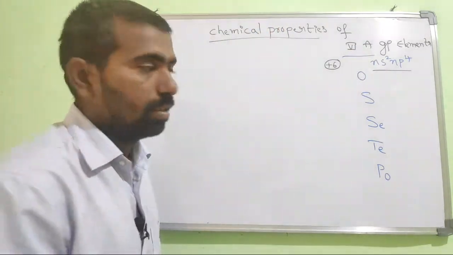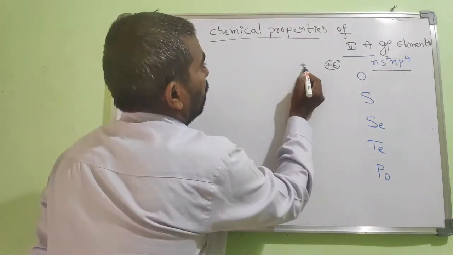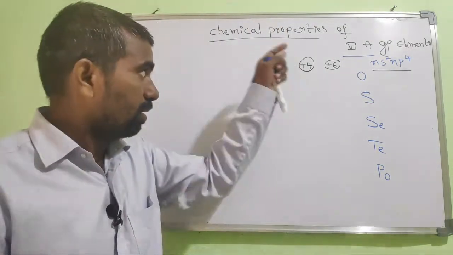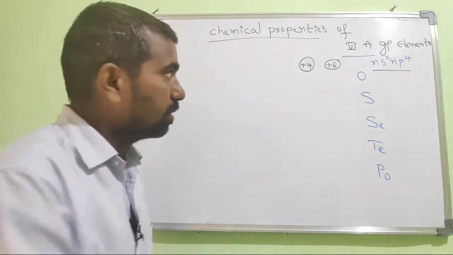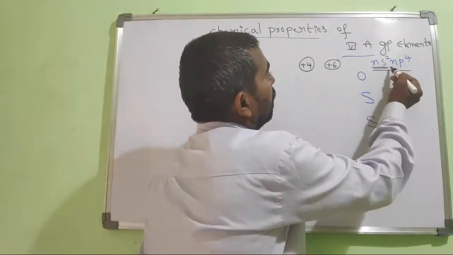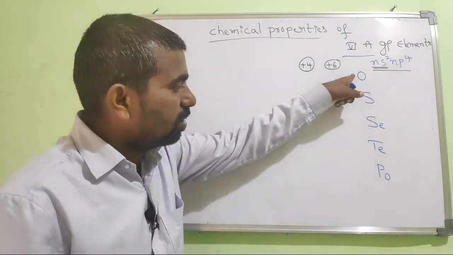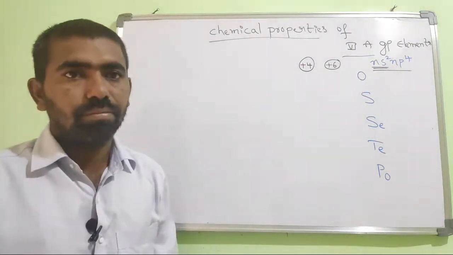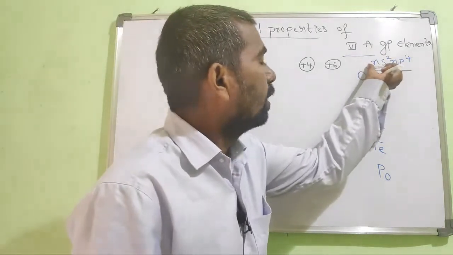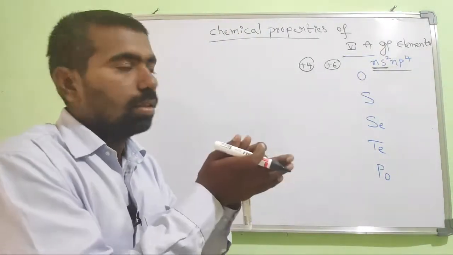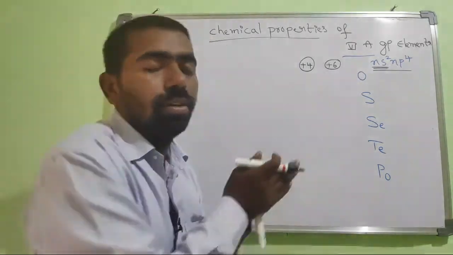And the next one is the +4 oxidation state. This is because, when we move from oxygen to polonium, the ns2 electrons are present on the inner side, very near to the nucleus.